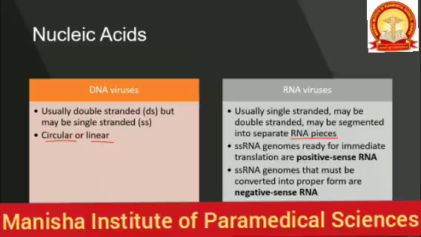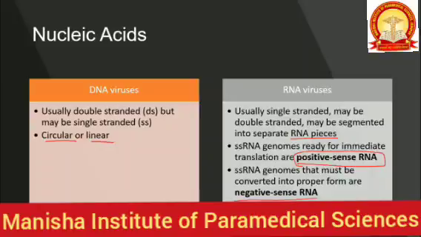Single-stranded RNA genome ready for immediate translation is known as positive sense RNA. And single-stranded RNA that must be converted into a proper form is known as negative sense RNA.